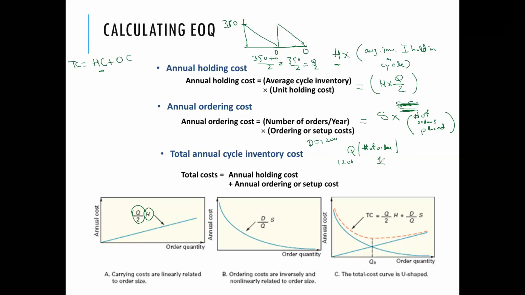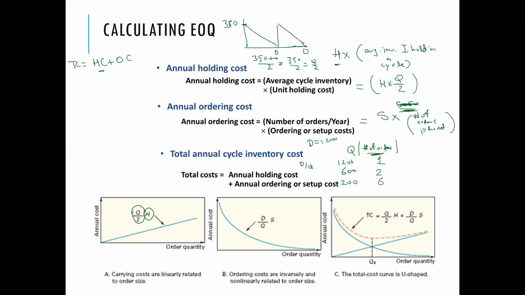One. How do you find that out? D by Q. 1200 by 1200, place one order. If you place an order of 600, how many orders do you place? The answer is 2: 1200 divided by 600. If you place an order of 200, how many orders will you place? The answer is 6: 1200 divided by 200.